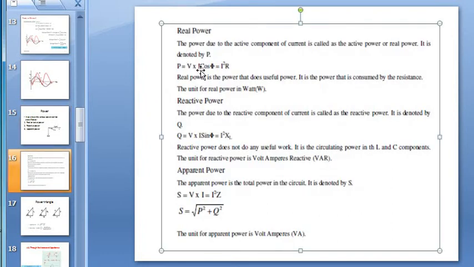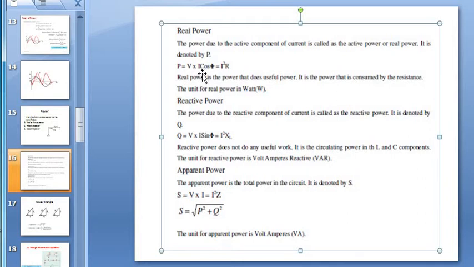Real power is due to the active component of current. The active component of current is I into cos phi. Therefore, it is called active power or real power. It is denoted by capital P. Therefore, P is the product of voltage into the active, or real, component of current.